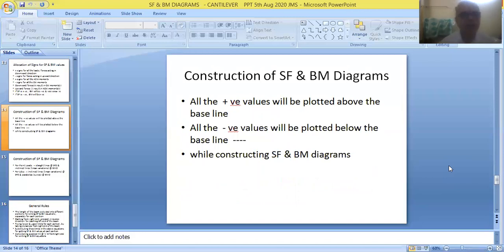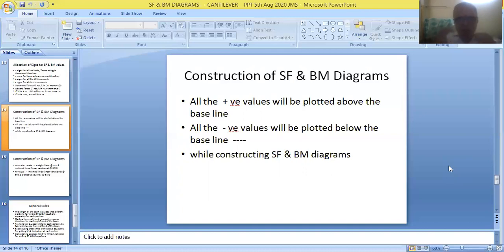So here we have a little information regarding construction of SF and BM diagrams. And friends, in both the cases, whether it is SF diagram or BM diagram, we have to take a horizontal line, that is called as a baseline.